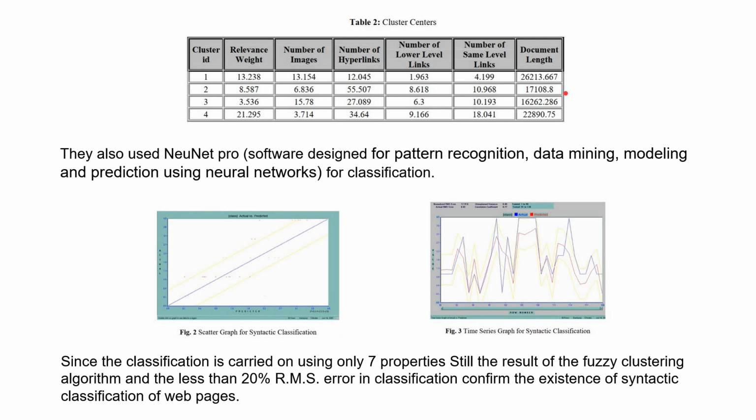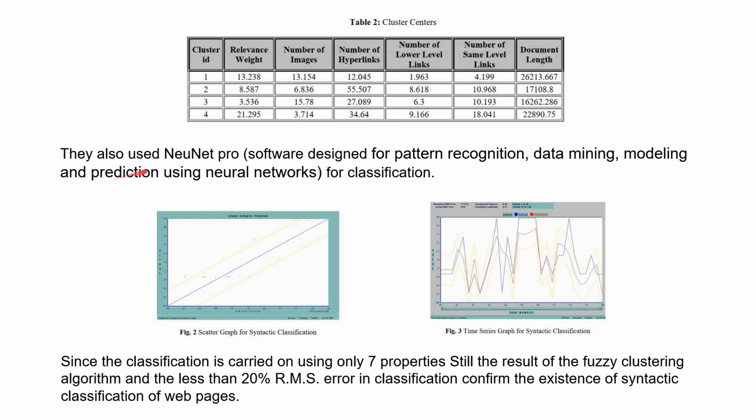The difference between same level and lower level links was greater for cluster 1 and 4 relative to the other two. Here the difference is about twice the same difference, but here the difference is very small. So it can be inferred that web pages which belong to cluster 1 and cluster 4 offer some type of services or are portal type web pages.